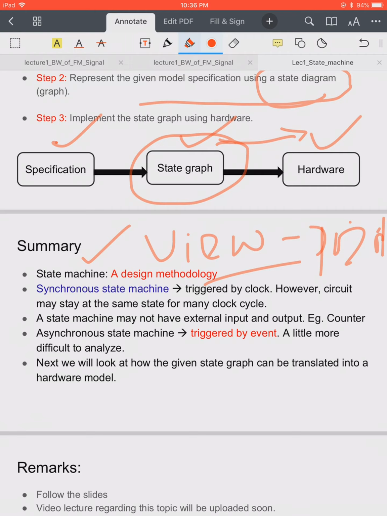Any digital system can be modeled as a state machine.